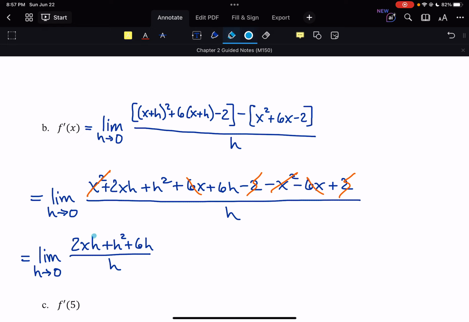There is a common factor of h in the numerator. So we can go ahead and factor that out. So 2x plus, there's still an h left there, plus a 6 all over h. This h will cancel with that one.